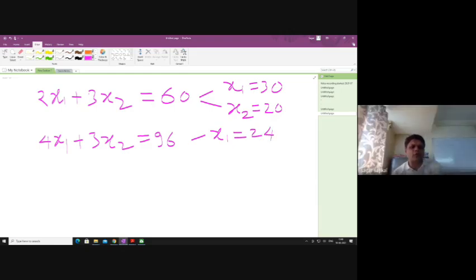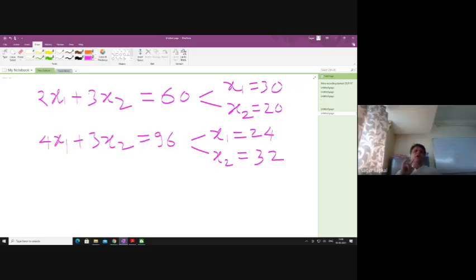Then put x1 equal to 0 and find x2. How much is it? 32. Okay. So now on one axis there will be x1, on another axis x2. You can draw by taking x1 as 24 and x2 as 32 and draw one line. Is it possible? Yes, sir.